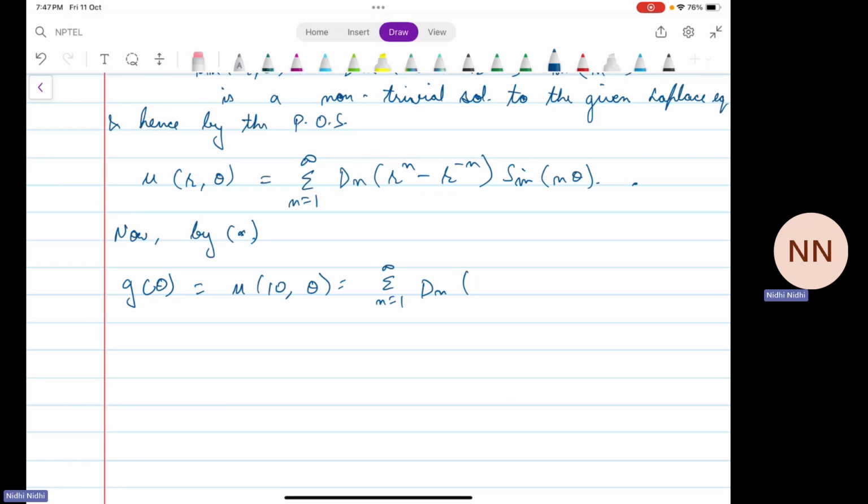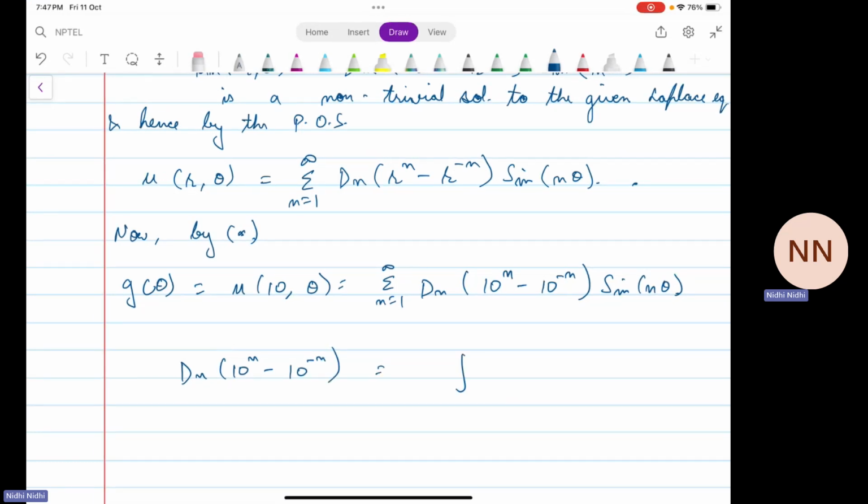Putting r equal to 10, this is 10 to the power n minus 10 to the power minus n, sine n theta. So from here we know how to evaluate its coefficient, d_n times 10 to the power n minus 10 to the power minus n.